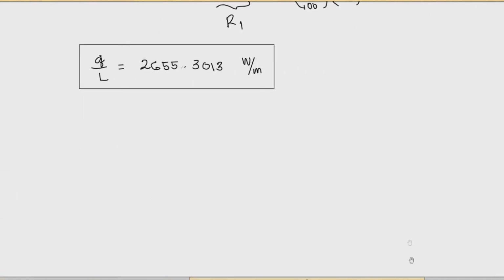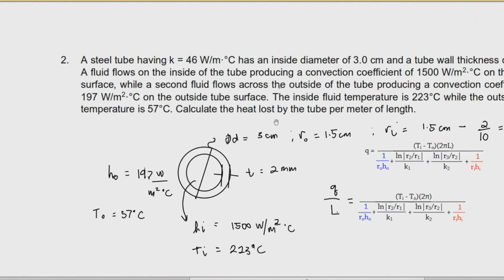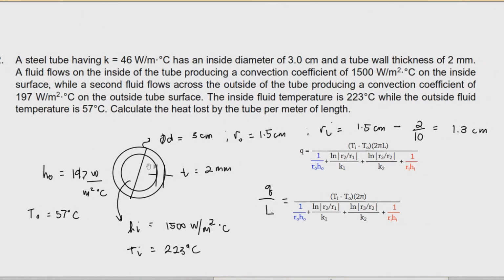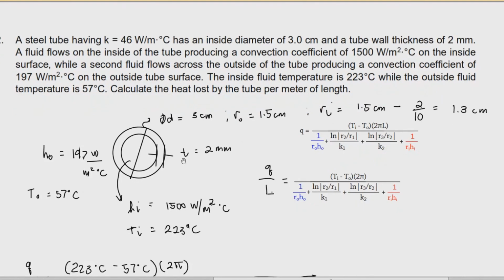In cases like this, the area varies from R1 to R2, and U is usually referred to as something that gives us a glimpse of the heating surface area. So if this is changing, then might as well rethink using U for that.